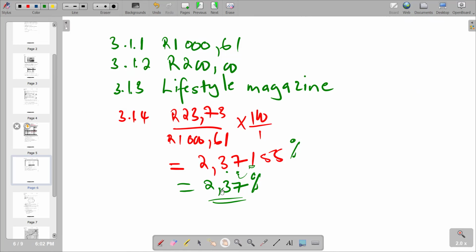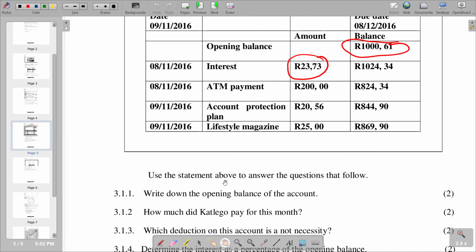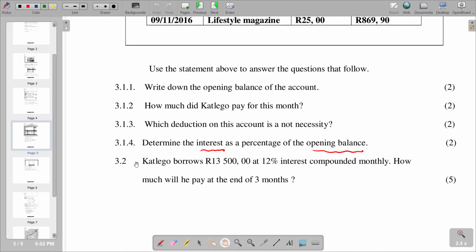We move on to the next part, which reads: Katlego borrows 13,500 rands at 12% interest compounded monthly. How much will he pay at the end of 3 months? We need to understand what we mean when interest is compounded.